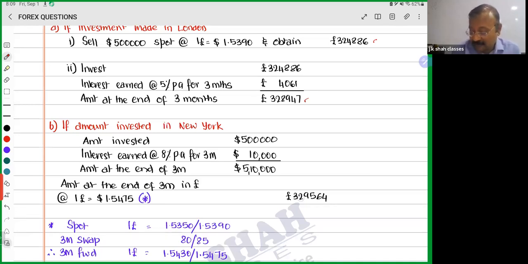And once you are done with this, do the third part, if it is invested in euros. Yeah, one minute.